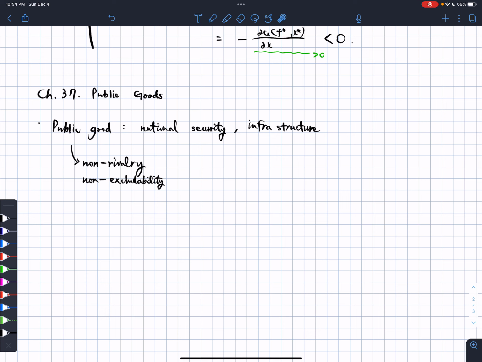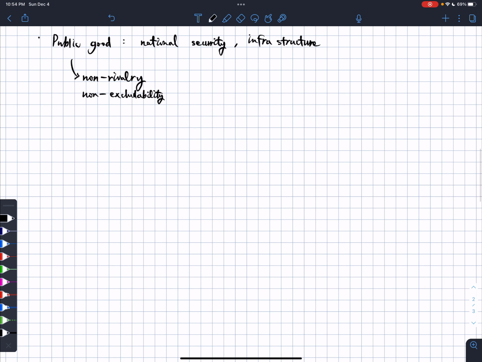That's the intuition we have about public goods, and I want to show that this is actually true in a more formal model. For that purpose, I'm going to give you a simple game called the public good provision game.